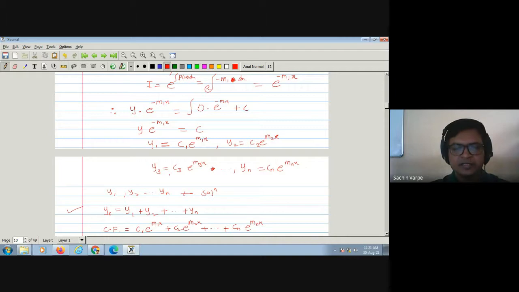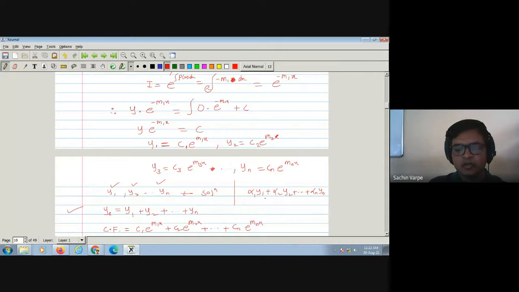So as these y1, y2, yn are the sub-solutions, their linear combination is also a solution. Linear combination means, you might have heard, suppose y1, y2, yn are the variables, then their linear combination I'll have to write like this: alpha 1 y1 plus alpha 2 y2 plus and so on, alpha n yn.